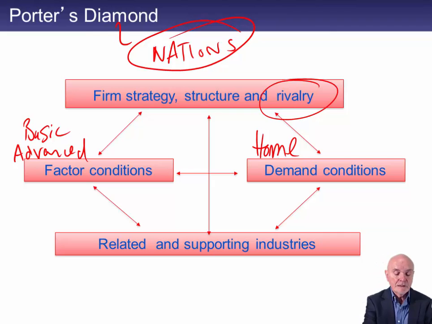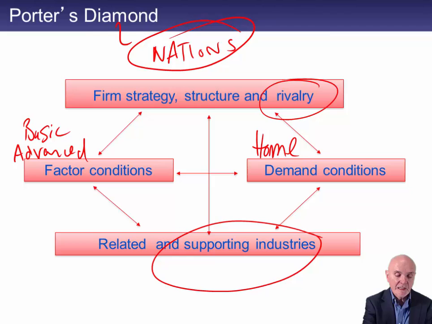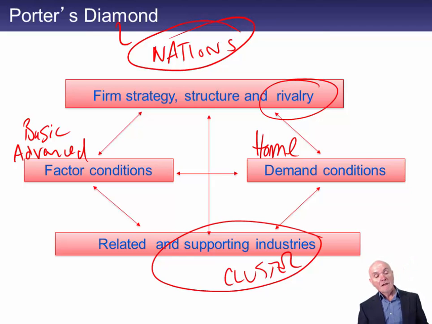And finally, what Porter said was you have related and supporting industries. What you get is a cluster of industries. So if we were to think of, say, the western states of America as being particularly strong in IT, this is where you have Intel, Microsoft, Apple, Motorola, Oracle, all over on the West Coast.